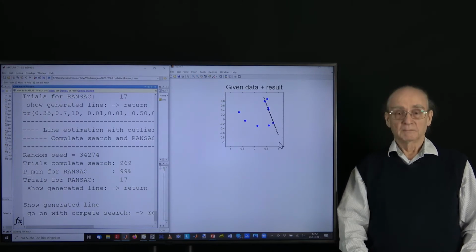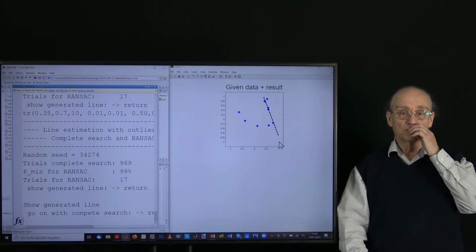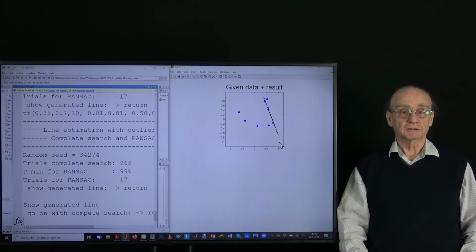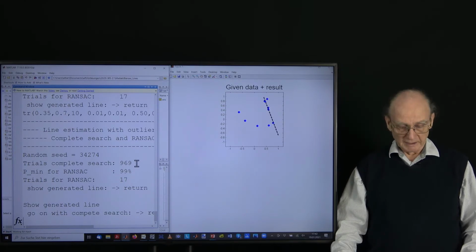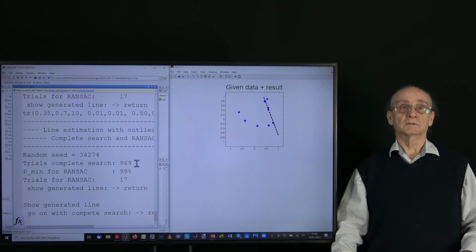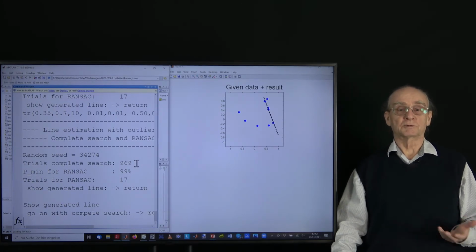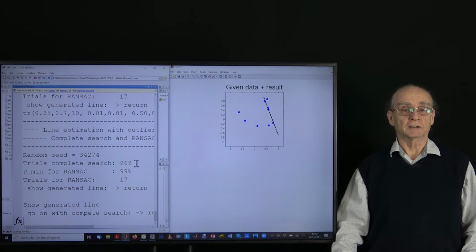So now let's look what happens if we do all the configurations. We see that the number of trials which we need for the complete search is 969. So this is 1024 minus those cases which we don't want to check.